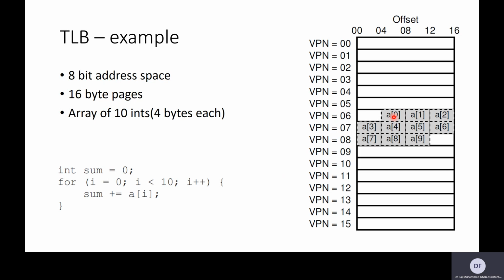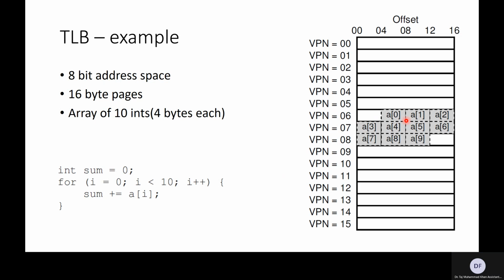So for A0, there was a TLB miss, and we had to pay the penalty of accessing RAM twice. What about when we access A1 immediately? Just like in this loop, we will be accessing all the array elements successively. So when we want to access A1, we'll have to convert its virtual address to a physical address, and it lies on the same page as A0, so page number 6.